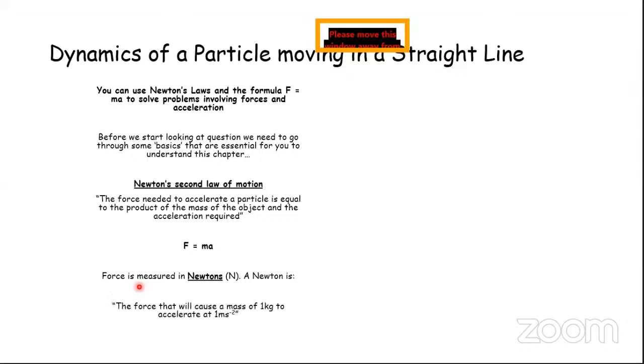And the newton is a force that will cause a mass of 1 kilogram to accelerate at 1 meter per second squared. So that is the simple definition of a newton. For some of you who do physics, you know much better. So it is a force that causes a mass of 1 kilogram to accelerate at 1 meter per second squared.